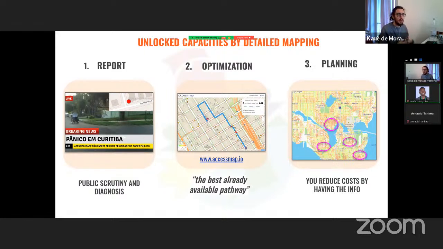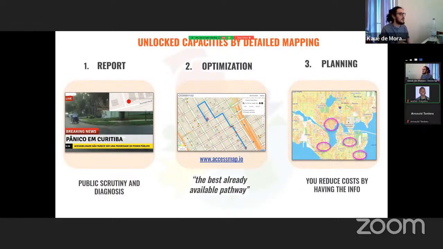With a map showing the actual current conditions, you can do public scrutiny and diagnosis. So you can blame with more property if you say, look here, our accessibility network is terrible.